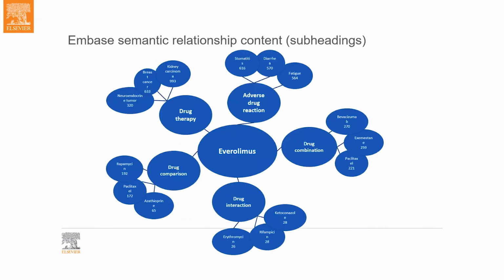And the most important thing this person does is arrange semantic relationships in the content: relationships between drugs and adverse drug effects, disease complications, drug interactions, or disease and drug therapy, or the exact drug that was used in this article.